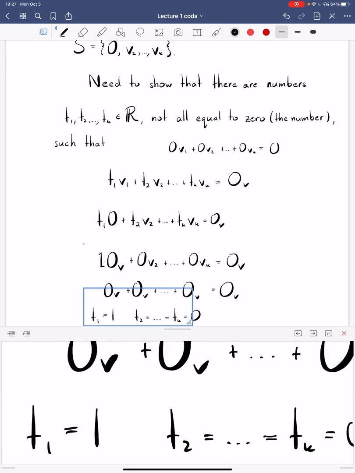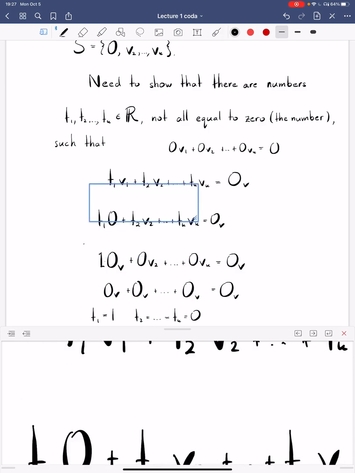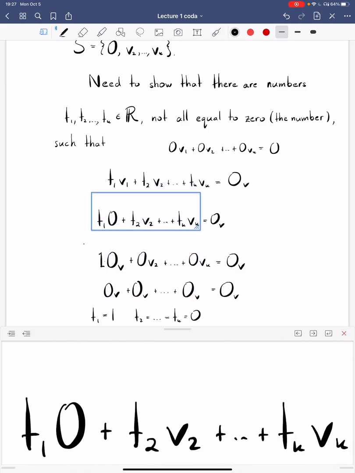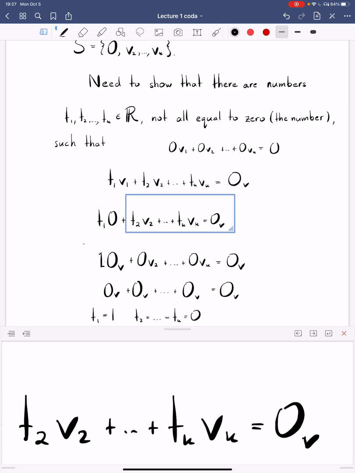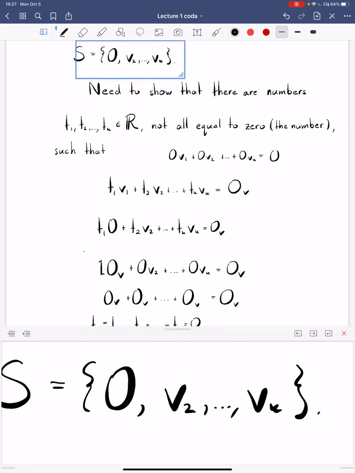Definitely not all of these numbers are 0, because t1 is 1. And when you take the linear combination of v1, v2 up to vk with weights t1, t2 up to tk, you get the 0 vector. So we've shown that this set S is linearly dependent.